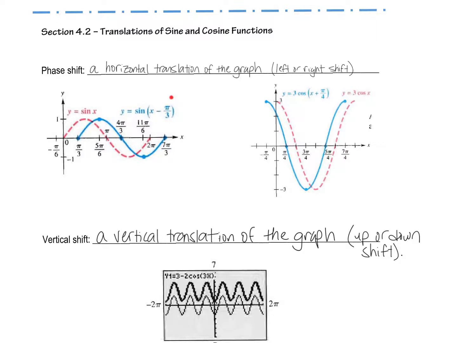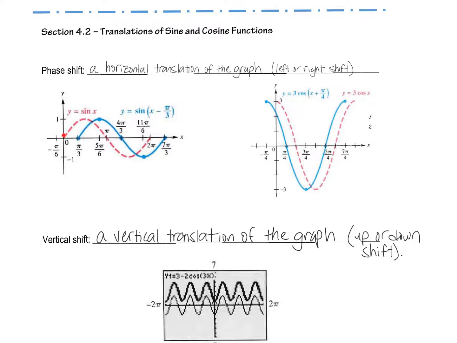And when you have a negative number inside the parentheses, that actually represents a right shift. I'm not sure if you remember that from Algebra 2 or not, but this shift over here with a positive number inside the parentheses actually means shift to the left. So those are Algebra 2 topics that you need to be able to recall in this type of a setting here with sine and cosine.